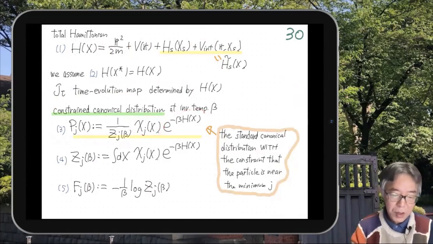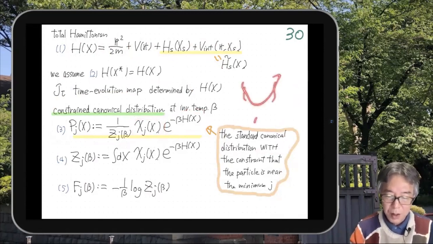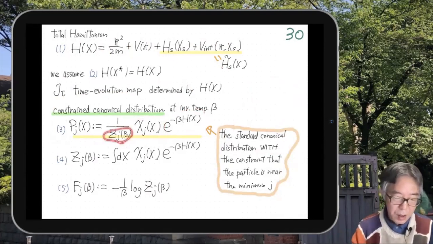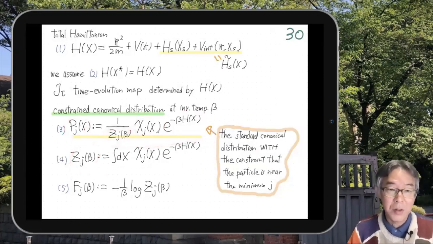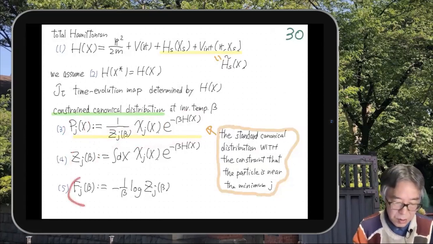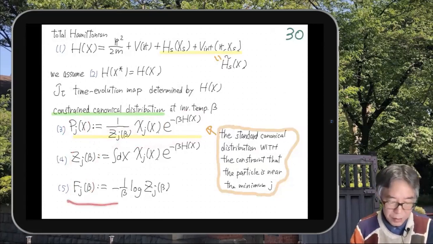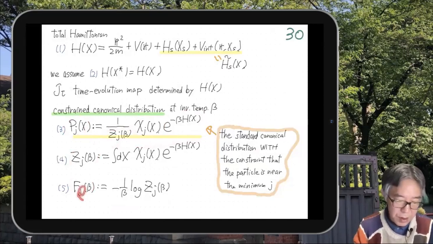This one is 1 only when the particle is near this local minimum J. And this is the normalization constant, so this is a definition. So this is a constrained canonical distribution. This is a constrained partition function, and this is a constrained or effective free energy, where everything depends on this J because you have this.